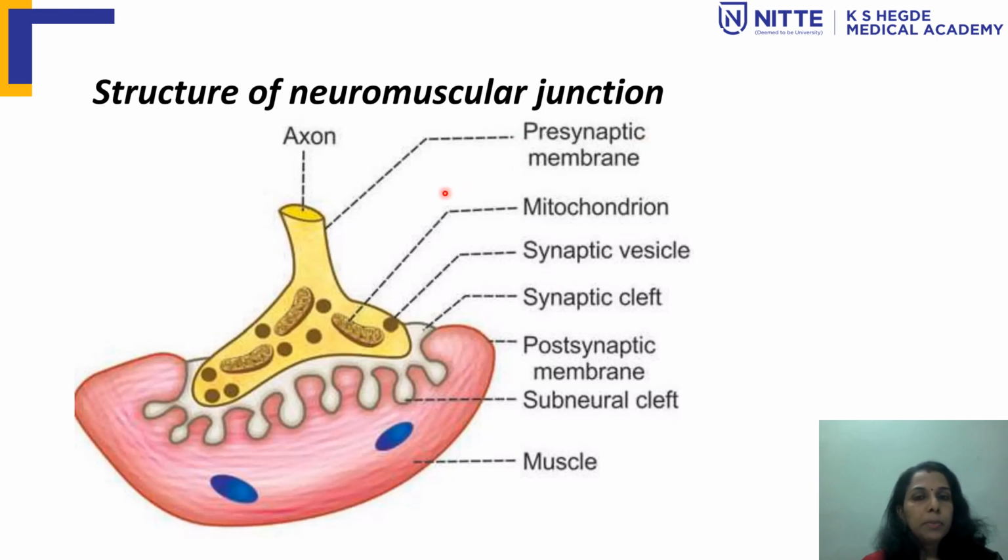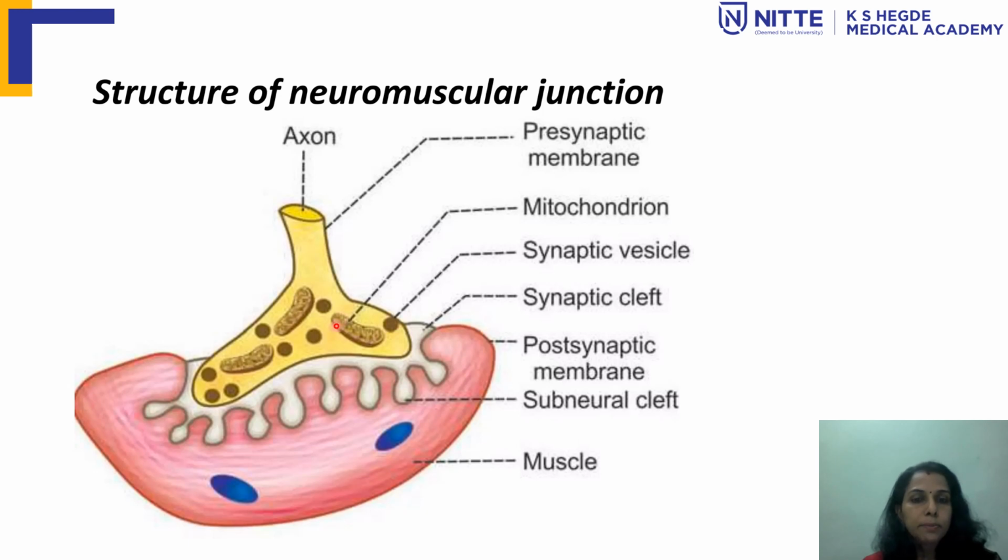About the presynaptic membrane: the presynaptic membrane conducts these action potentials from the motor neuron to the postsynaptic membrane. And we have the mitochondrion, which serves as a source of energy, generating the ATP which is required for the proper functioning and maintenance of this presynaptic motor neuron and even for the postsynaptic muscle fiber.